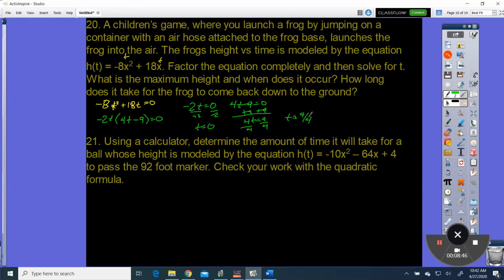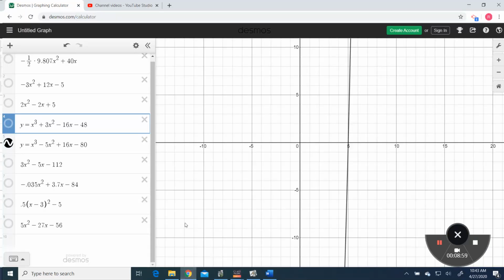Time is 9/4 or 2.25 seconds. Or 0, that's when that thing's on ground level. So it looks like this. That's when it crosses the x-axis. Okay, if I were to come here, -8x squared, doesn't look like I have it on here.